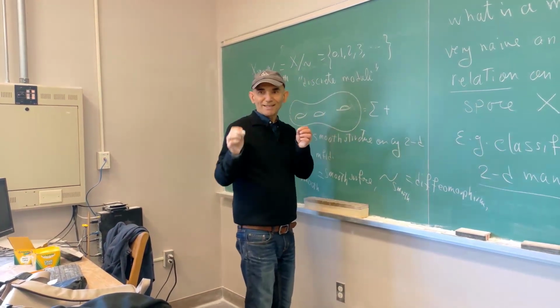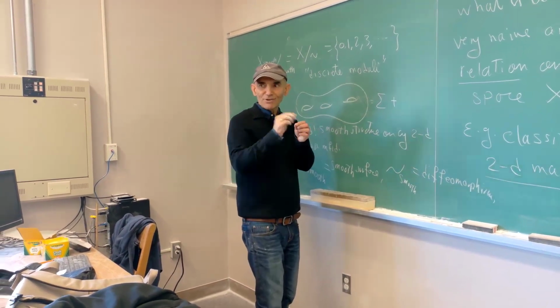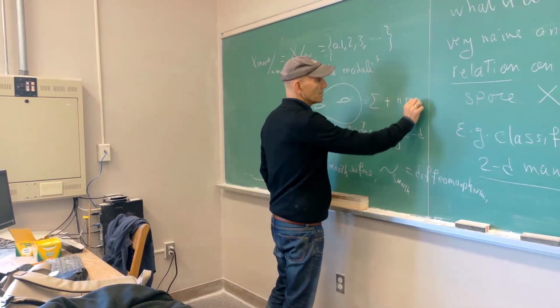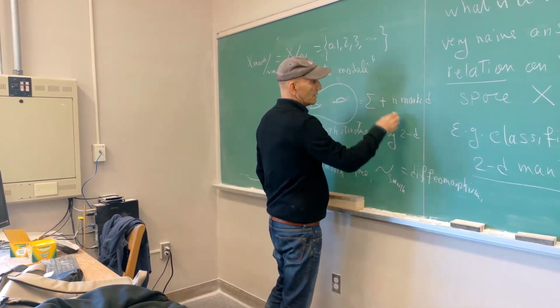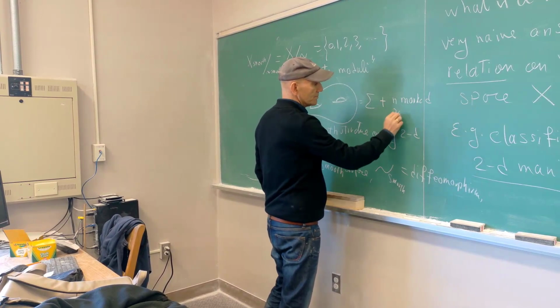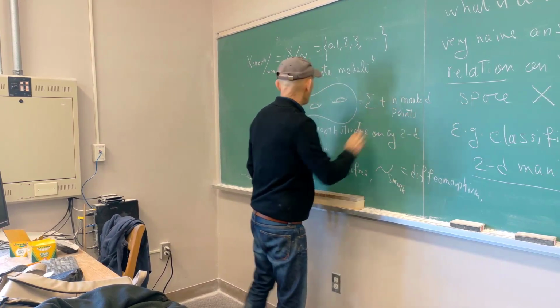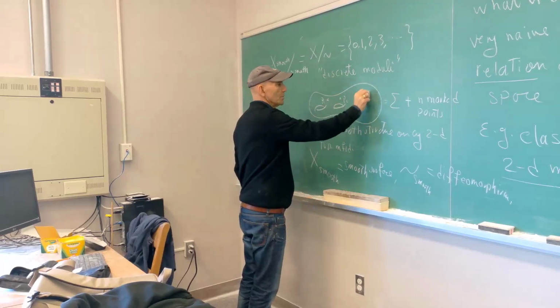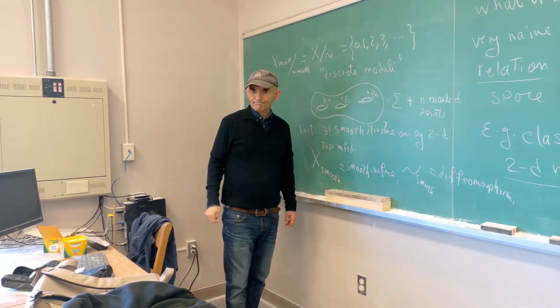So these are like labelings that we had for our graphs. Now we are also having labelings plus n marked distinct points. I call these points P1, P2, Pn.